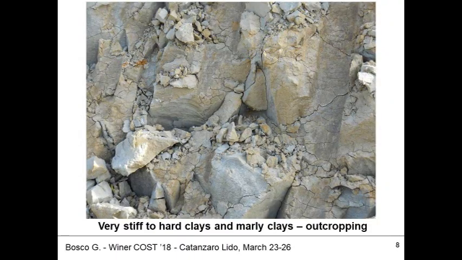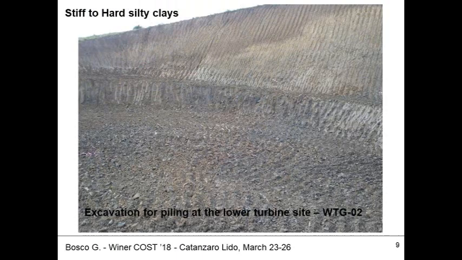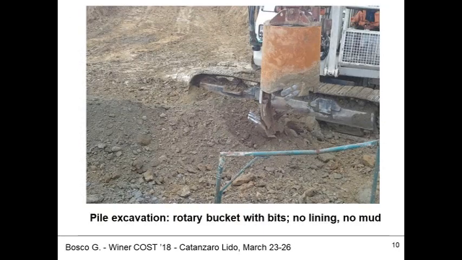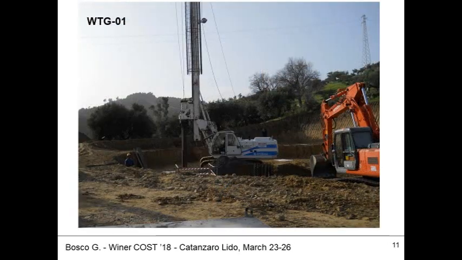So you see very similarity in these very stiff marly soils. And you see the excavation that soon after the excavation can stand up almost vertical, but must be protected afterwards because the material degrades with precipitation.